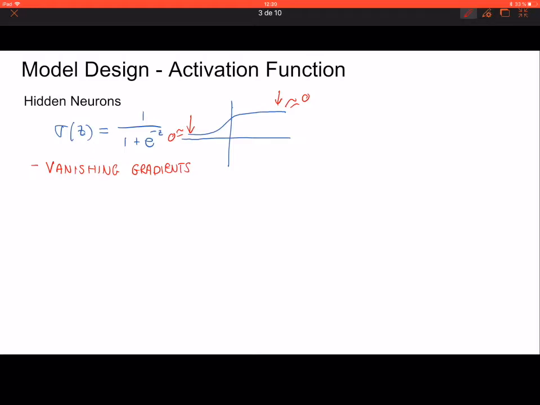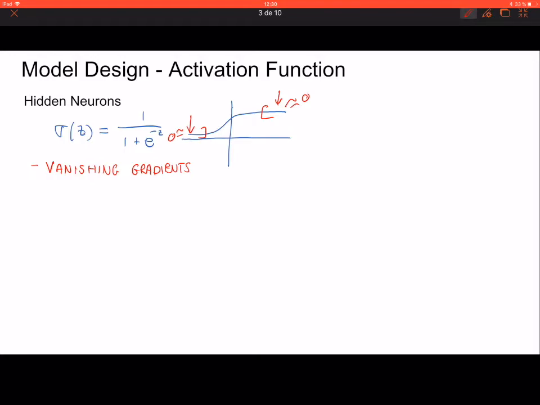Because of this problem, when our neuron saturates and we are in this or this region, our gradients will be very small, and therefore the gradient descent algorithm is not going to work as usual, because we are not really moving away from the current set of weights. We cannot modify our weights by much, because the gradients are too small. So the steps that we're taking are too small for the algorithm to ever converge.